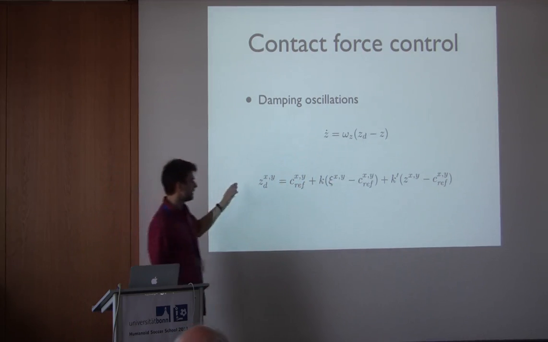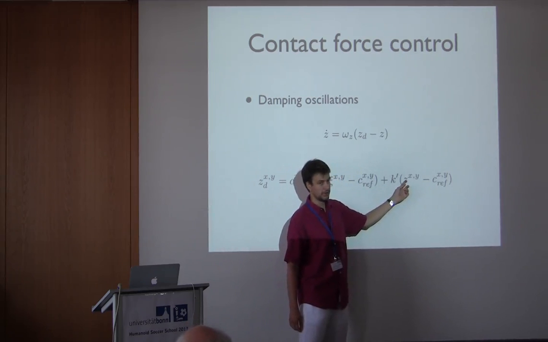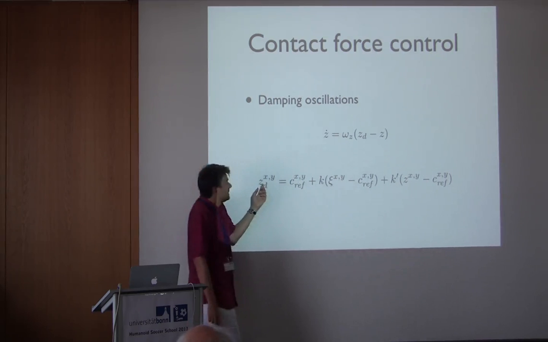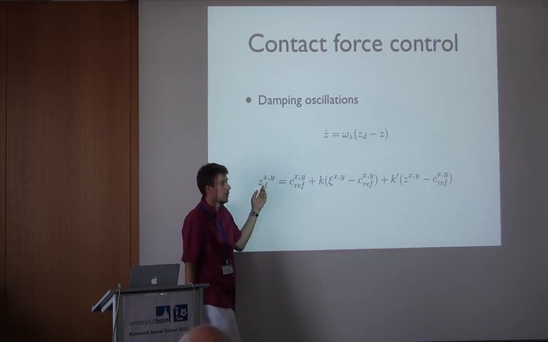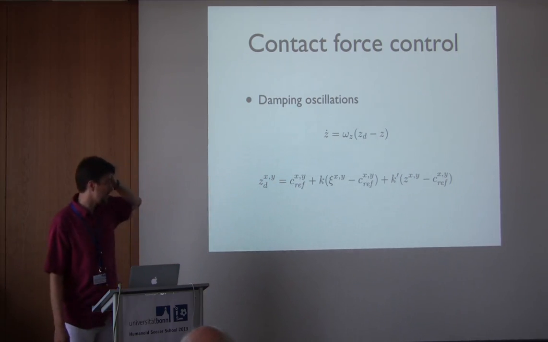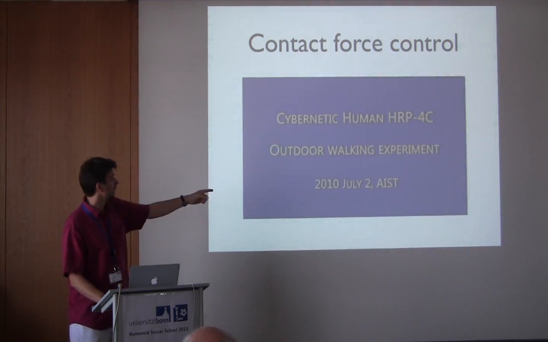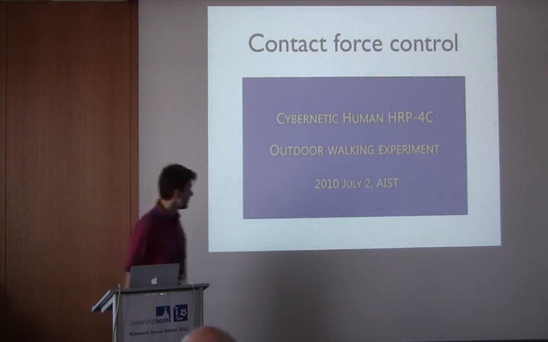And then what you do is that you take the same controller and you add another term here with respect to your current position of your center of pressure, and that gives you your desired position of the center of pressure. So this was proposed by Kajita. This is how they made, for example, this demonstration in 2010.